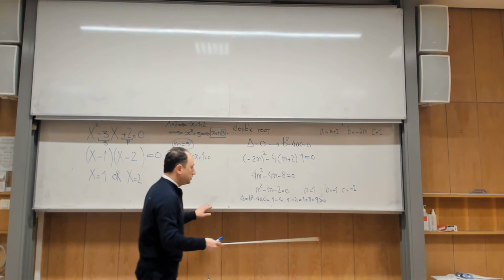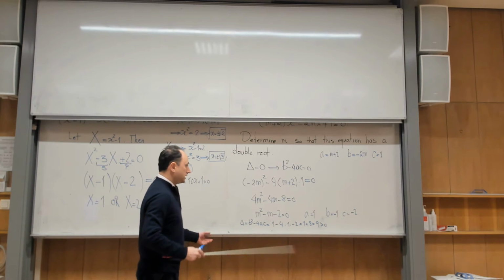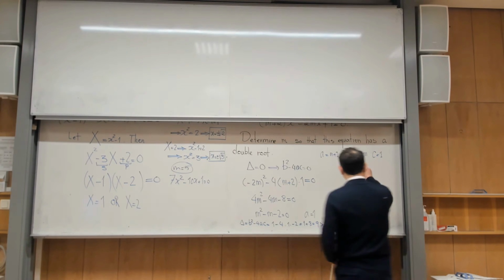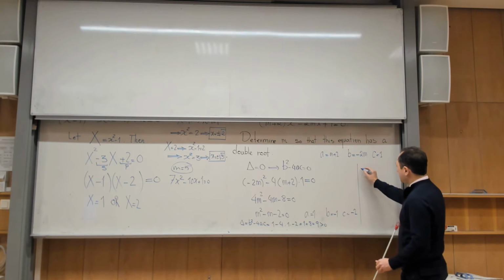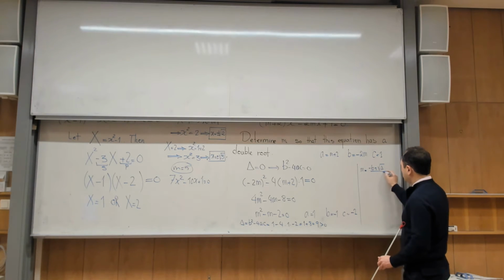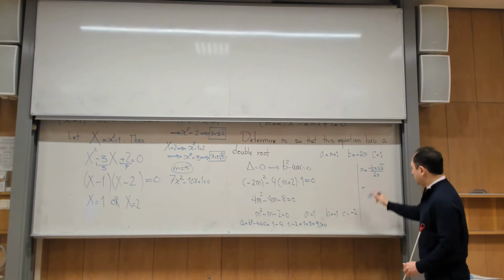Because this 9 is positive, I am looking for the roots here. The only thing you have to be careful about is not to write x, because your unknown is m. So I write the formula for m: minus b plus or minus the square root of delta divided by 2a, but using only these numbers here.